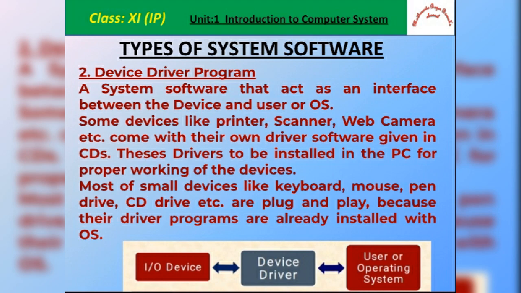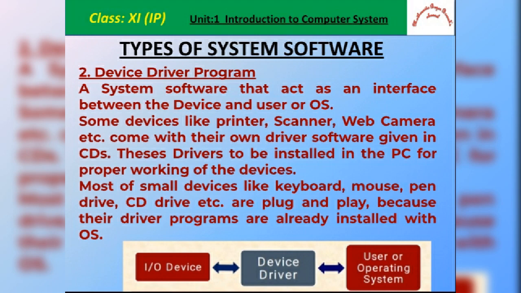Most small devices like keyboard, mouse, pen drive, CD drive, etc. are plug and play because their driver programs are already installed with the OS. Means for some devices like printer and scanner, we have to install an application or program which comes in a CD with them, and it is called the device driver. The instructions on how these devices work are called the device driver program.